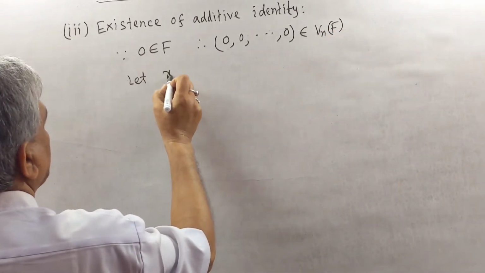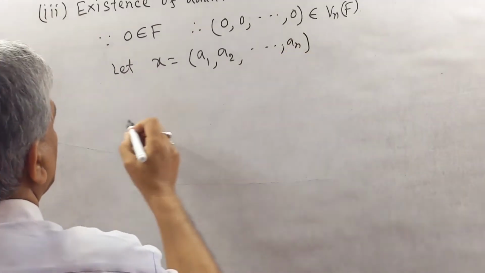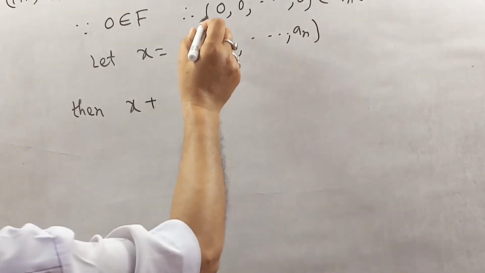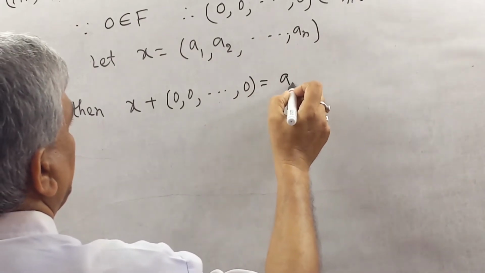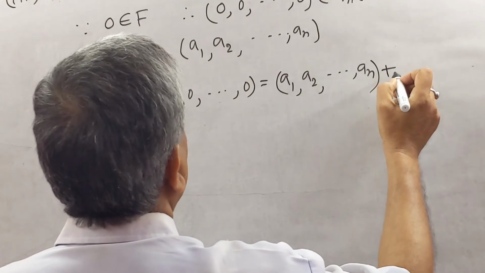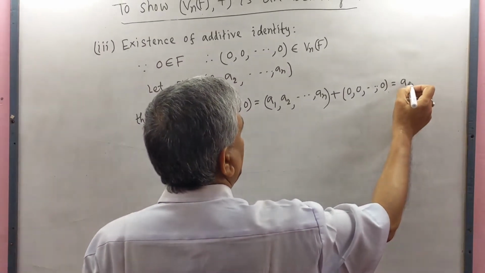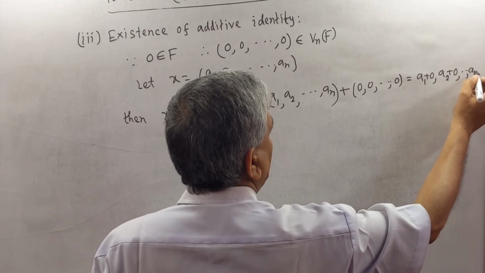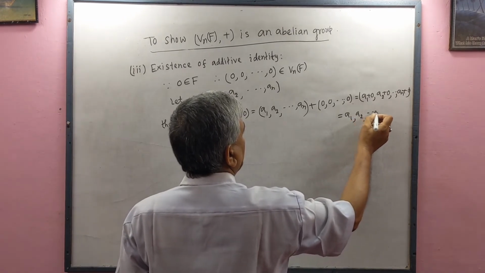Let x equal to (a1, a2, ..., an), then x plus (0, 0, ..., 0) equal to (a1, a2, ..., an) plus (0, 0, ..., 0) equal to (a1 plus 0, a2 plus 0, ..., an plus 0). This equal to (a1, a2, ..., an).